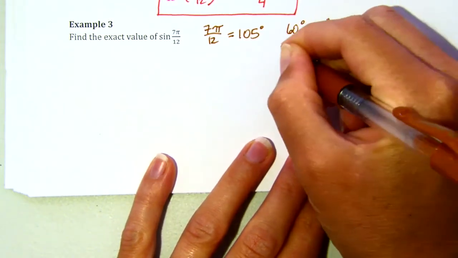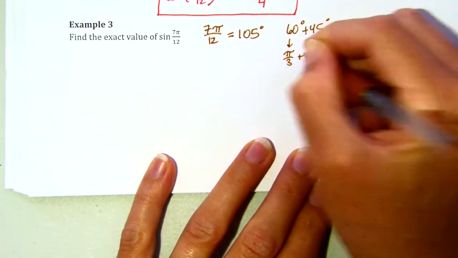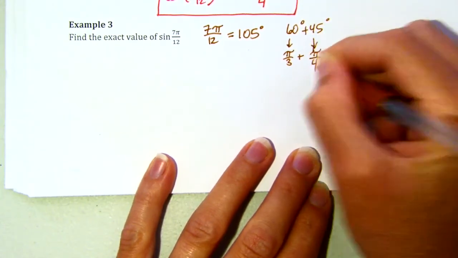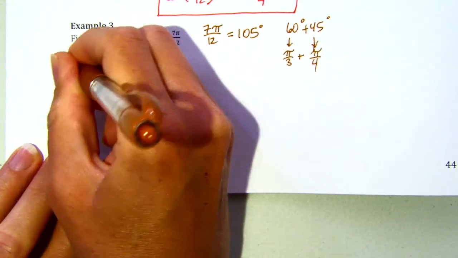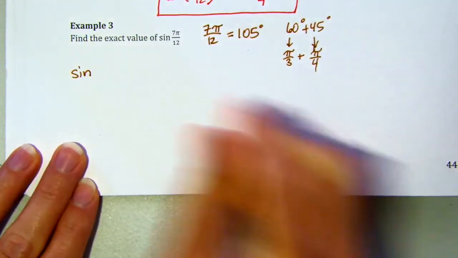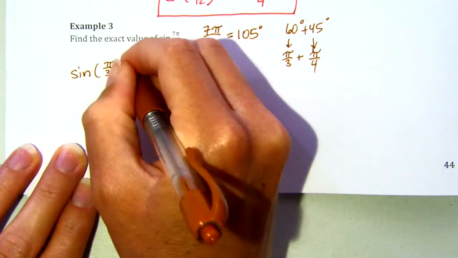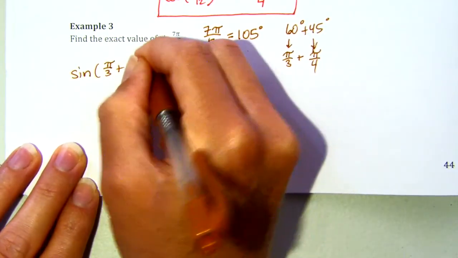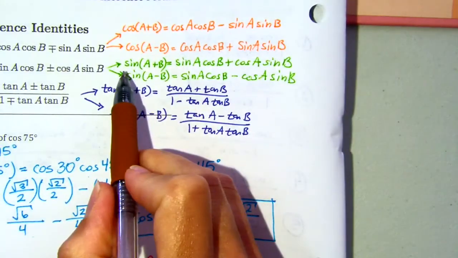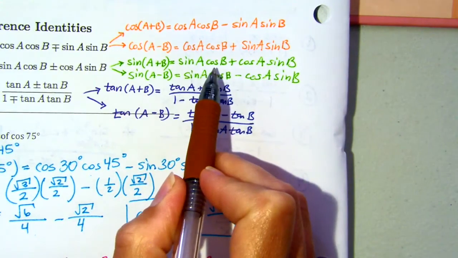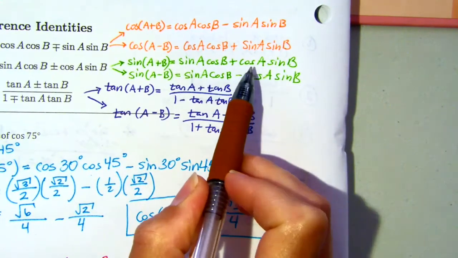Well, 60 happens to be pi over 3, and 45 is pi over 4. This time we're looking at a sine. So the sine of pi over 3 plus pi over 4. If we look back at the top of our page, the sine of a plus b equals the sine of a times the cosine of b plus the cosine of a times the sine of b.